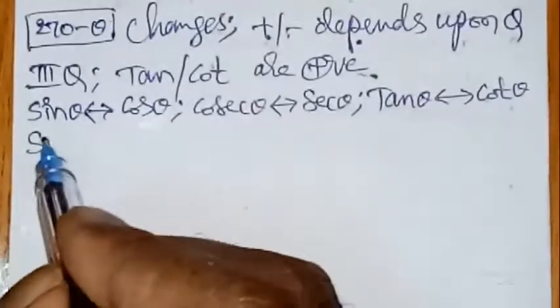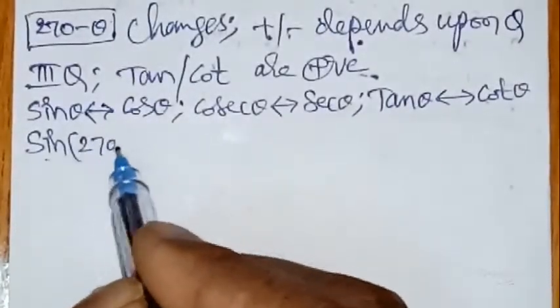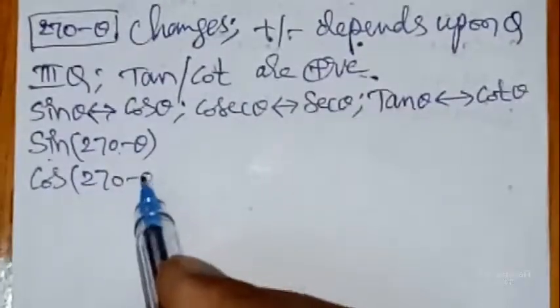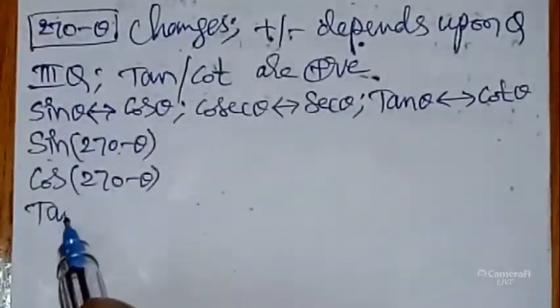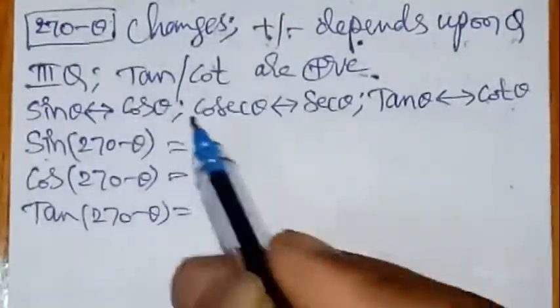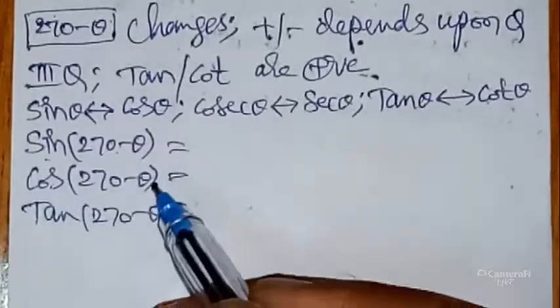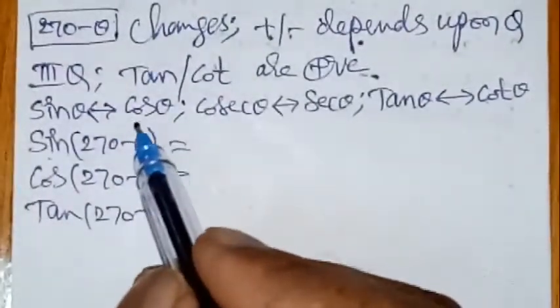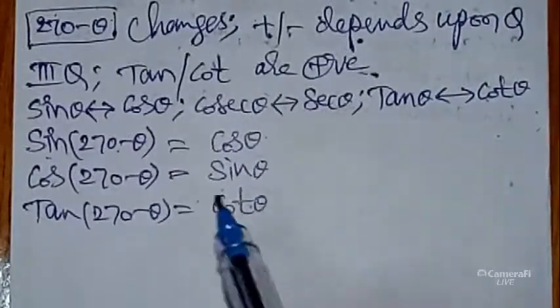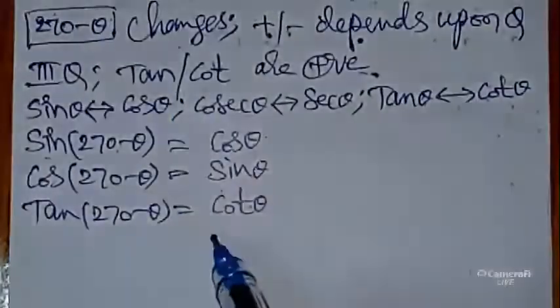Now I wanted to tell you, my dear students, sin(270 minus theta), cos(270 minus theta), tan(270 minus theta). Later, the reciprocals of these values. Here our logic is sin changing to cos theta, cos changing to sin theta, tan changing to cot theta, and our logic is tan positive.